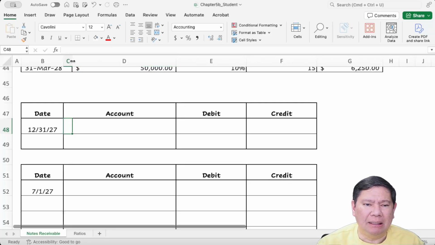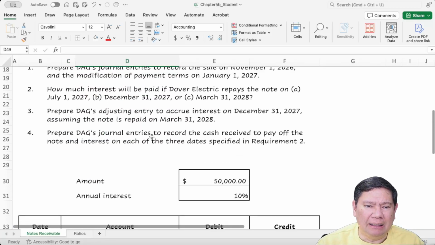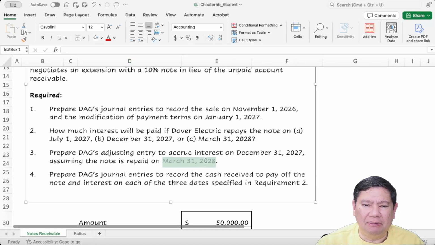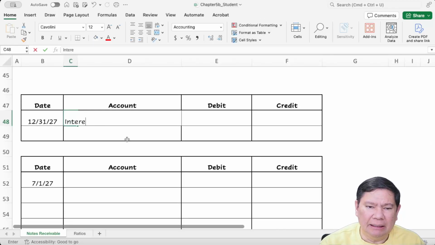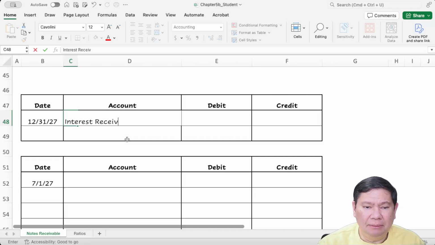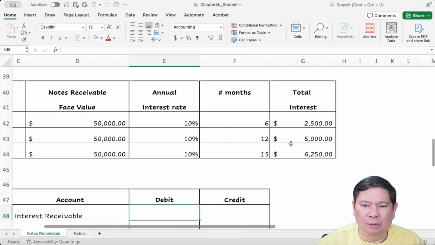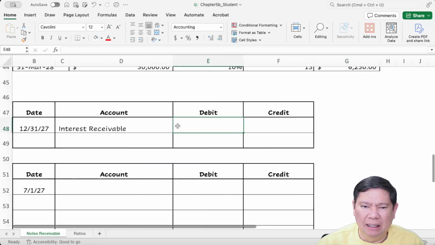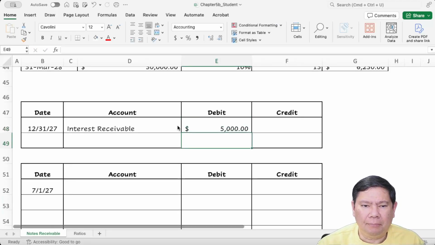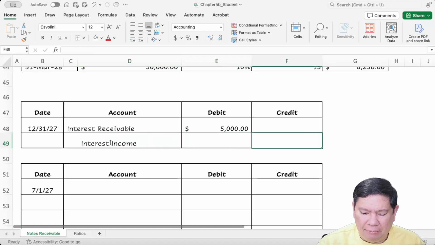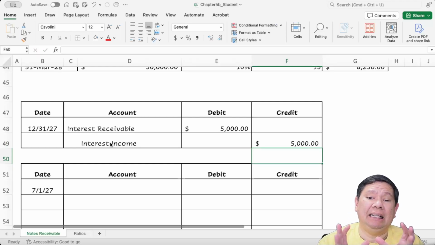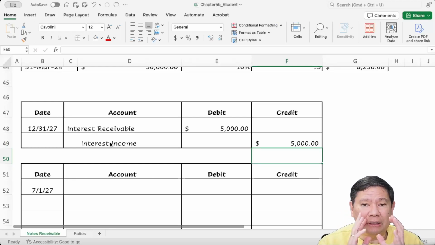And because the payment is not going to be received until March 31st, 2028, so we are going to recognize interest receivable. And because this is for the whole year, it's going to be $5,000. And we recognize interest income, $5,000. And this is just for the interest, not the $50,000 notes receivable itself.